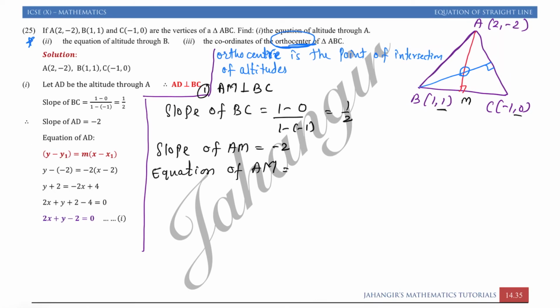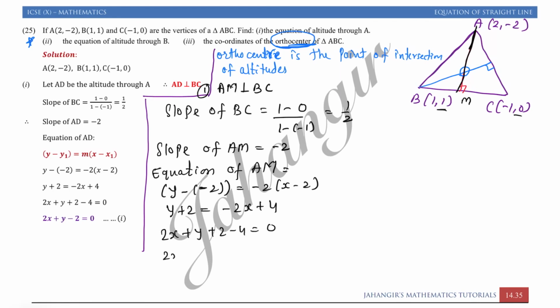That is y minus y1. Its passing point is A. If you see on the diagram, AM passes through A, so y minus of minus 2 is equal to m into x minus 2. So y plus 2 is equal to minus 2x plus 4. 2x plus y plus 2 minus 4 is equal to 0. 2x plus y minus 2 is equal to 0. This is the equation of AM.